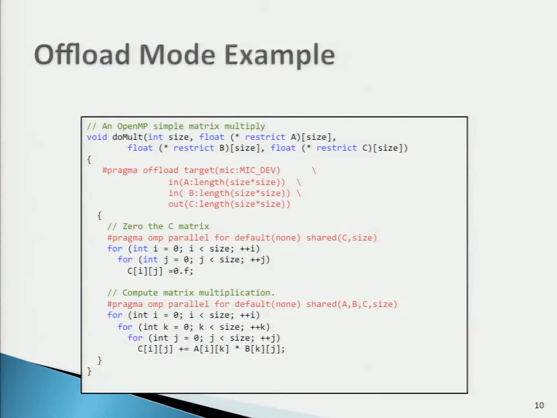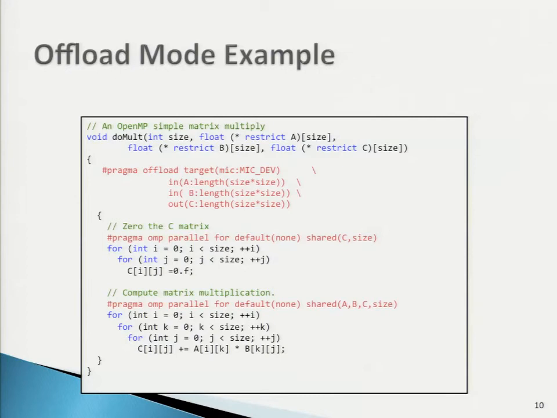Now, to tell the compiler that we want to offload this work, you can add a statement like this. So this is saying pragma offload, we want to offload this. What's our target going to be? It's going to be mic, and then you can specify in here which mic. If you have multiple cards, you might have only one card, you might have 2 or 4 devices.